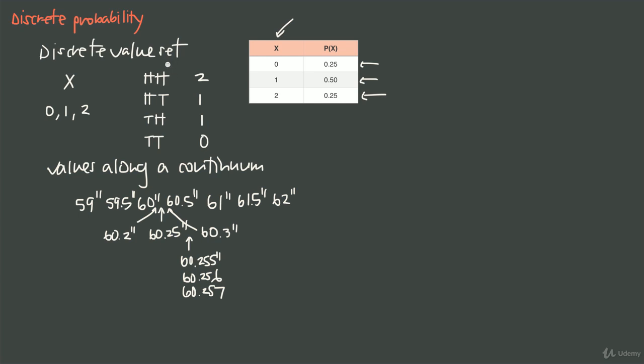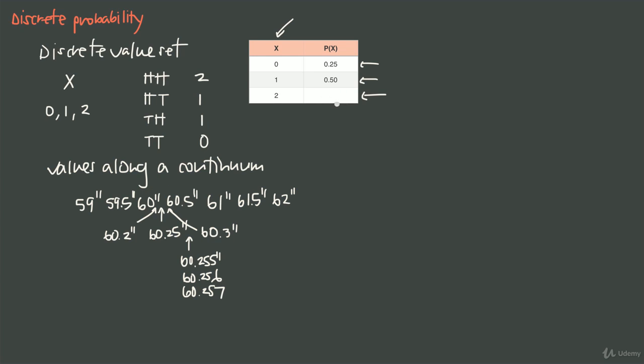Keep in mind also that since all probability distributions sum to 1 or 100%, if we know the probability that x takes on one of these values for every value but 1, so let's say we know that this first value is 0.25, that the second value is 0.5, but then let's say that we don't know this value at all.